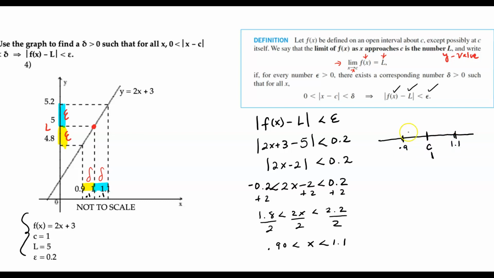Now you look at this spread here and this spread here, and coincidentally they are both the same, but that's not necessary. One could be greater than the other. The spread is 0.1. I don't know why I keep writing 0.2; I think it's because 1.1 and 0.9 are 0.2 away from each other. But at any rate, that answers our question: our delta has to be 0.1. It was pretty apparent from the graph, but we've proved it anyway.